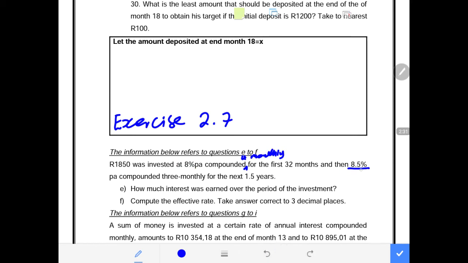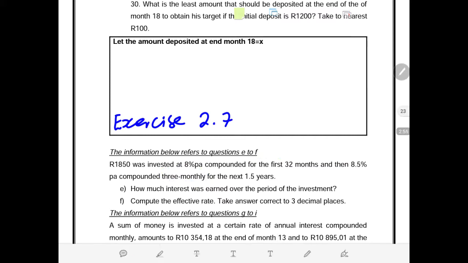And for the next 1.5 years, the interest rate changed to 8.5%, and the compounding period was 3 monthly, meaning quarterly. Remember, 4 monthly is 4, 8, 12. 3 monthly is 3, 6, 9, 12. So this was quarterly, and this was 4 monthly.